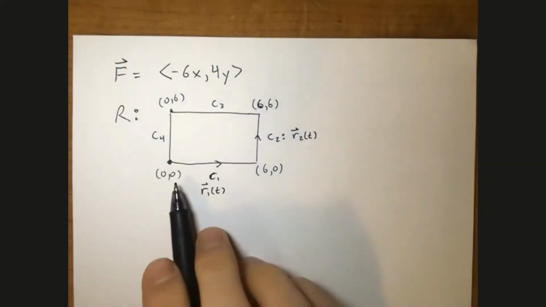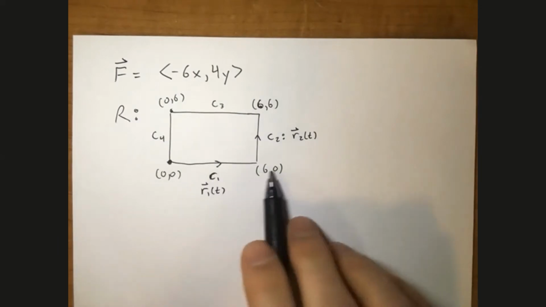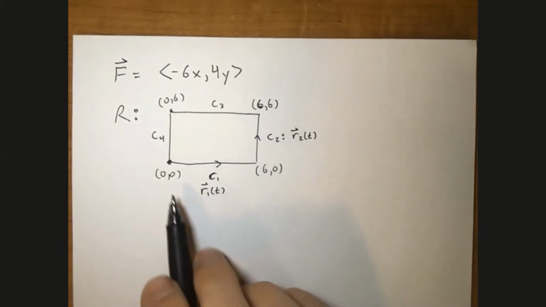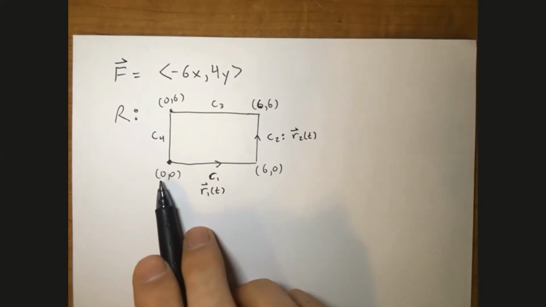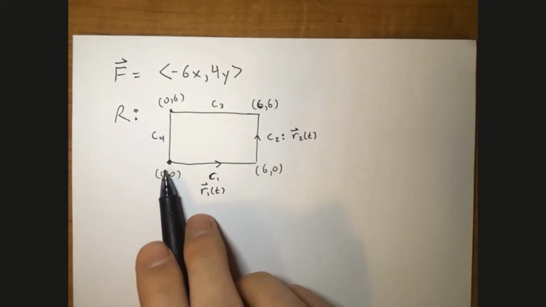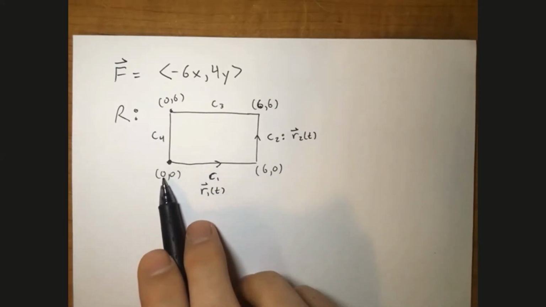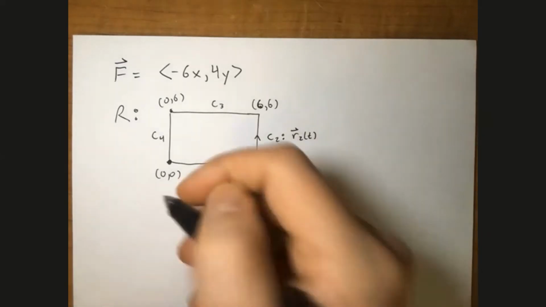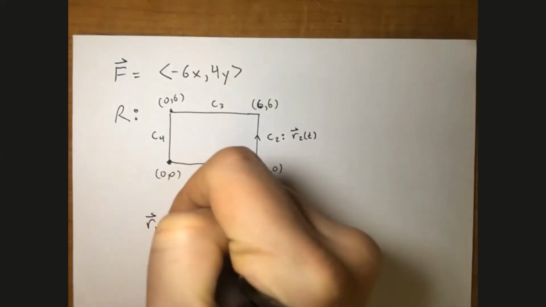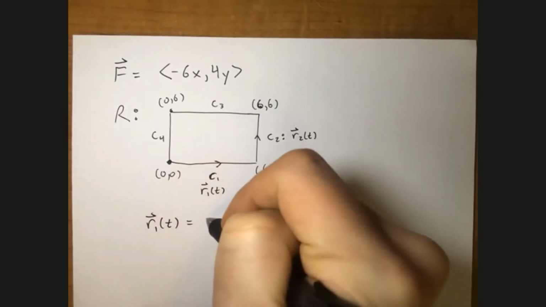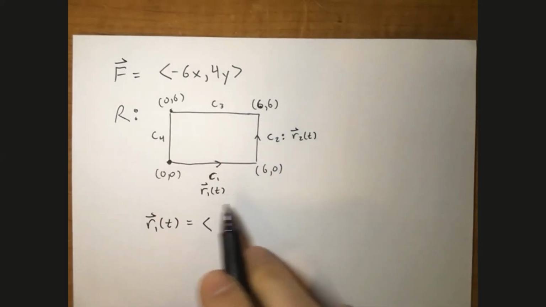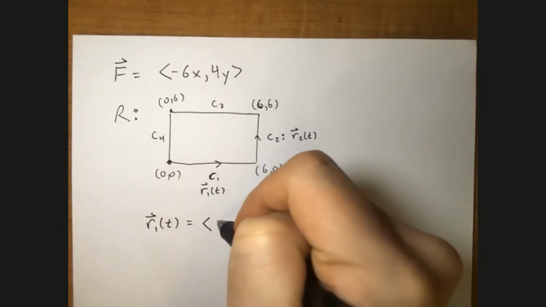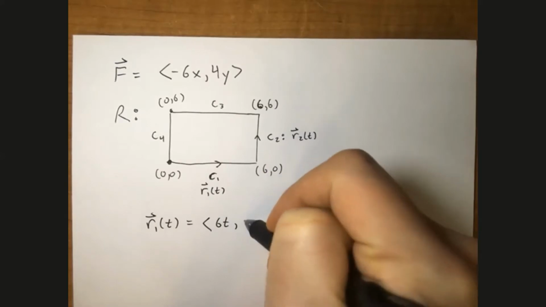So if I want to parameterize this first line segment of the rectangle, I need to write down a straight line that goes from this point to this point. So I just need the x-coordinate to increase from 0 to 6. I think the easiest way to do that is to write down R1 of t to be 6t, comma 0.